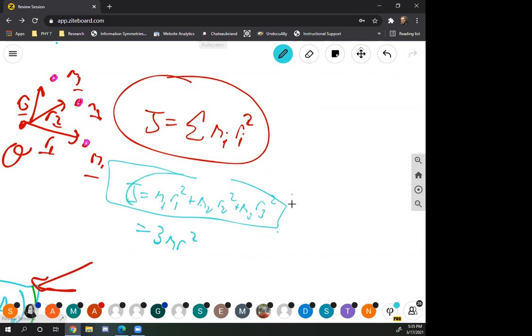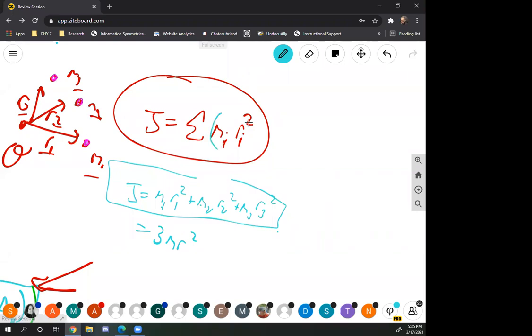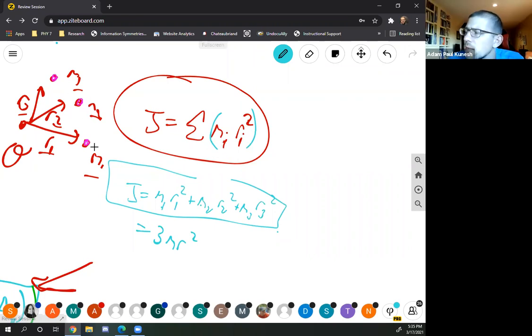Why in this case are we adding moments of inertia? So each point in my system contributes an mi ri squared. So the individual moments of inertia of each point are mi ri squared, and when they're points, they sum nicely like this.